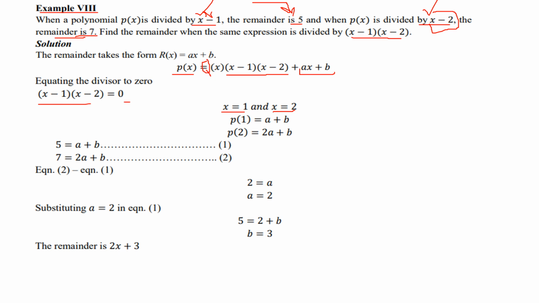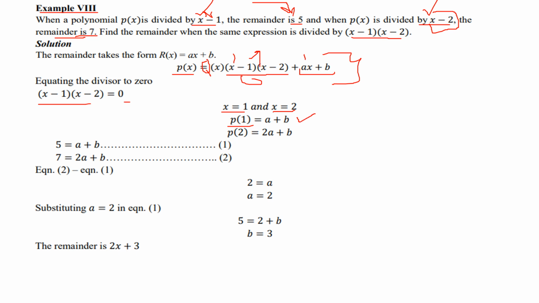We say that p of 1 is going to be equal to, if you substitute 1 in this polynomial here, you realize that if you put 1 here, everything here is going to become 0. And if you put 1 here, everything here is going to be a plus b. On this side, everything is going to be 0. So 0 times the quotient of x remains 0. That's why for p of 1, you are going to remain with a plus b.